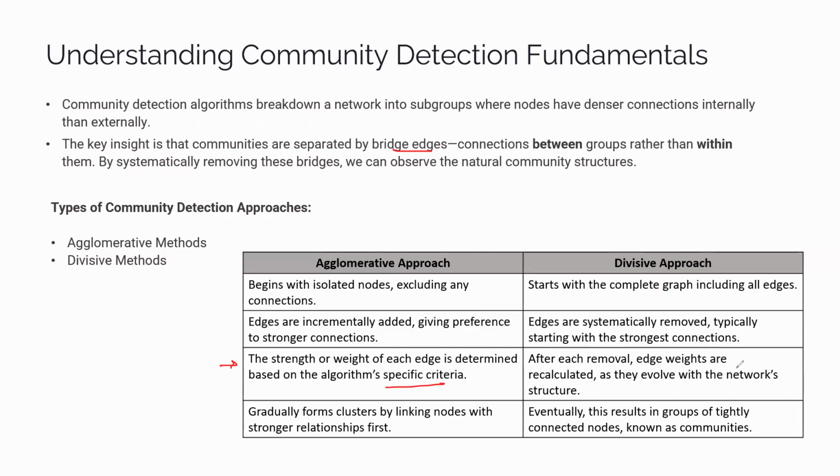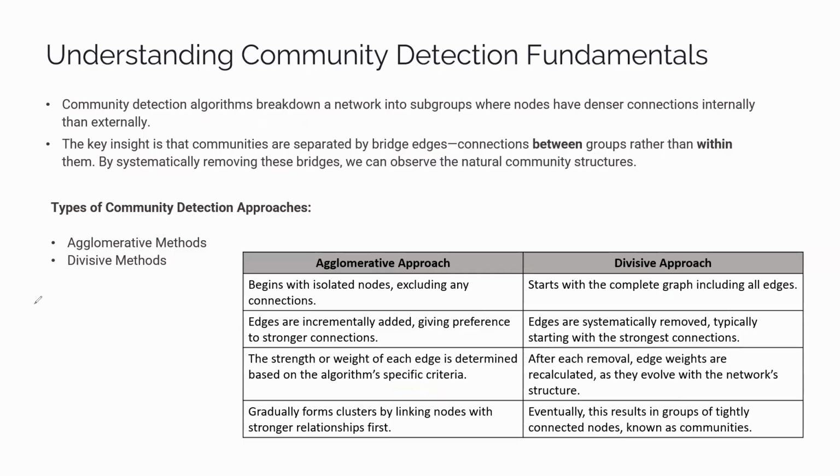So we will have to iteratively remove and keep recalculating the weights. That way we will try to get the network structure in a way where we can clearly see the subgroups. So here it is an iteratively incrementing process where we try to build the network starting from one node. It gradually forms the clusters within that network. Whereas the divisive approach is opposite to it, as I explained. We keep removing the edges in such a way that we get tightly connected nodes as subgroups. So these are the two broad approaches.